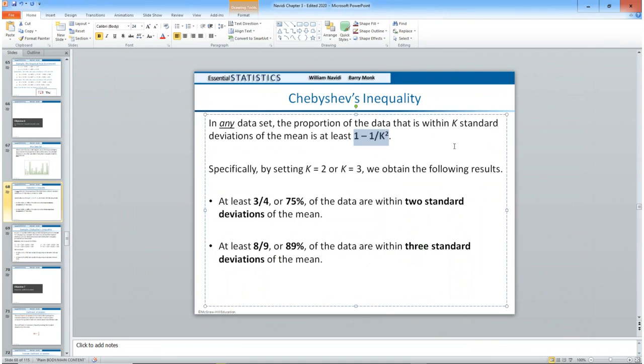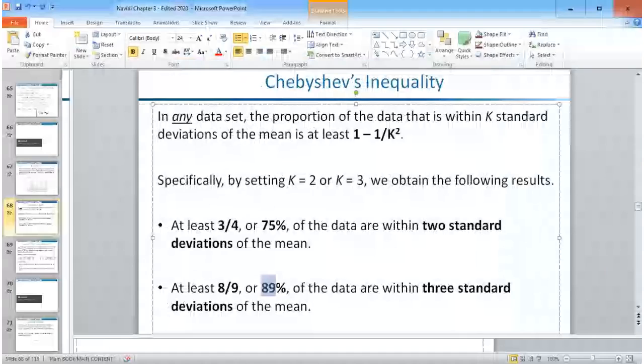So the first ones that make any sense are 2 and 3. Usually those are the only 2 you'll ever look at in this course. Do you understand why K equal 2 and K equal 3 give 75 and 89%? I can show you over here if you want to see it.